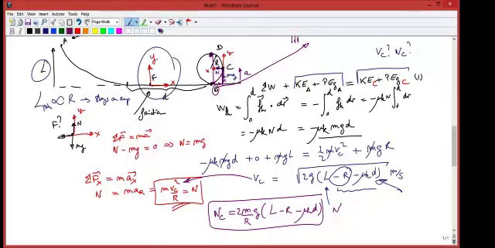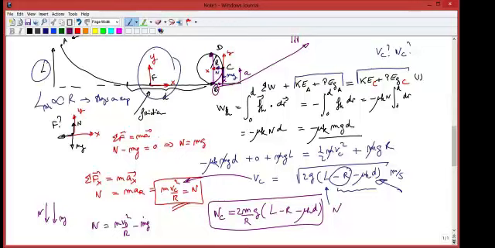So first difference, as Aaron pointed out, as you do Newton at point D, both N and mg will be in the same direction, which means now N is going to be equal to m vD squared over R minus mg, while before we had plus mg.